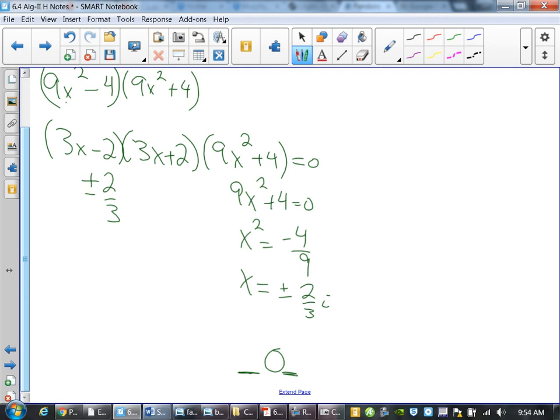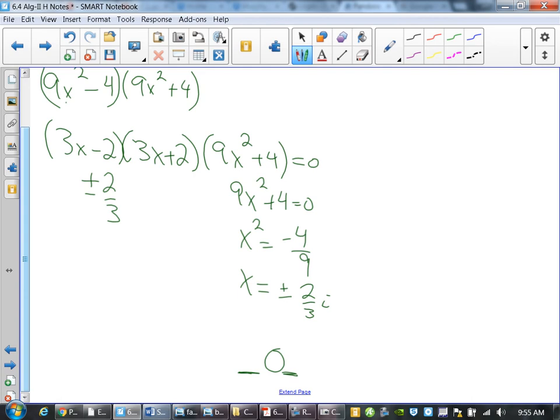That's it. So remember how we talked about the degrees telling you how many total zeros you could have? This was a 4th degree polynomial, which means you can have up to 4 total zeros. In this case, we have 2 real and 2 imaginary. The real solutions would have been at plus minus 2/3. The imaginary were at plus minus 2/3 i. That's all. So depending upon the problem, it might tell you to get the zeros, it might not.